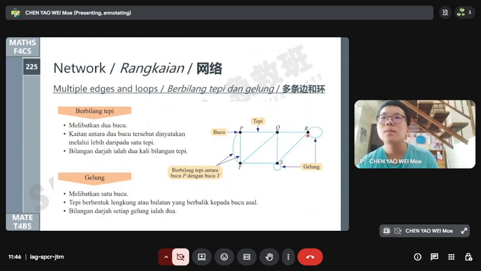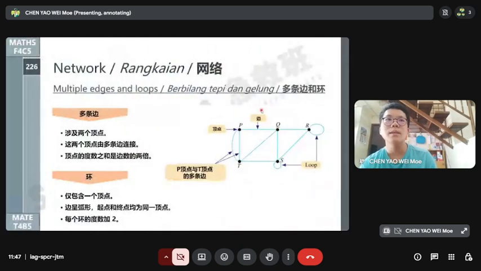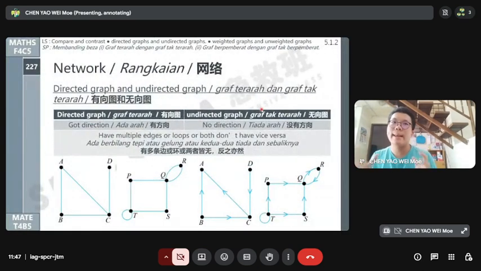Tapi untuk gelung maksud dia akan keluar dari vertex ini dan balik kepada vertex yang sama. In, out. Kita akan guna benda ini untuk pergi next level.